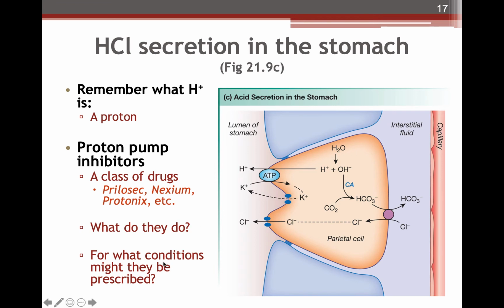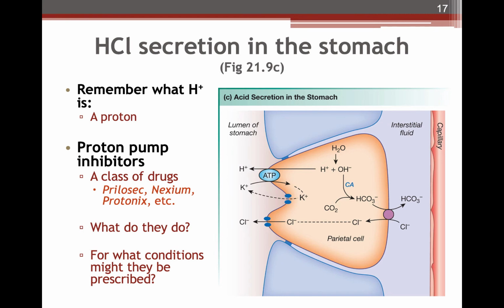And so the conditions that they're prescribed for, or people buy them for, you can buy them over the counter too, they are used for people that have chronic heartburn, chronic overproduction of acid in the stomach. It will acid reflux up into the esophagus and causes irritation, a burning sensation behind the heart. We call it heartburn. It also leads to what's called GERD. That's an acronym, GERD. Stands for gastroesophageal reflux disease.